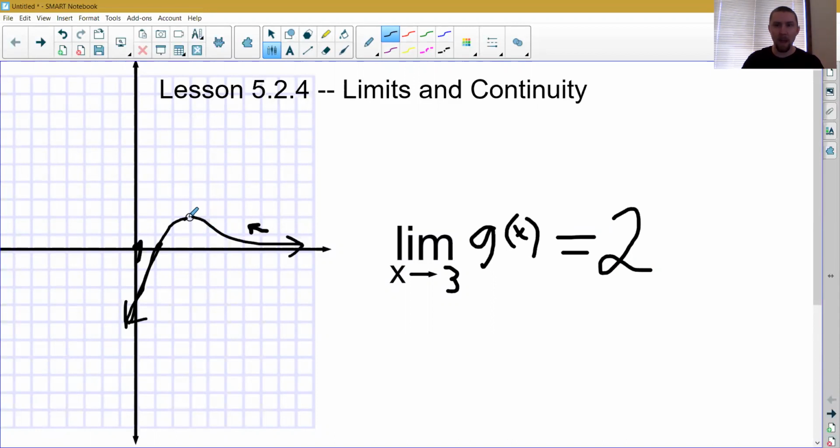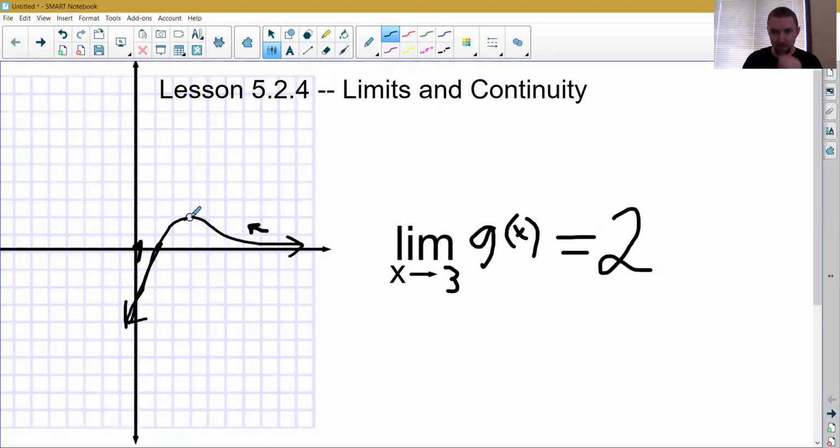But that doesn't really matter when we talk about the two-sided limit, because the two-sided limit is just, do both bugs think they're going to get to the same point? Do both sides, from the positive and from the negative, agree? In this case, they do, but they're both unfortunately wrong. They think they're going to get to the same point, but neither of them is actually going to get there, because there is no point for this particular function at x equals 3.